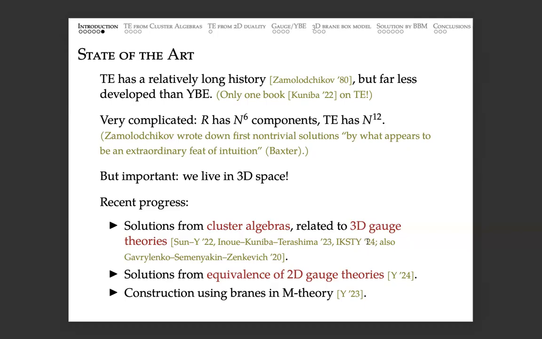We have done some work together, and there is some important work by Russian and Ukrainian people, which is also part of the motivation for our work. So I will briefly talk about this work.